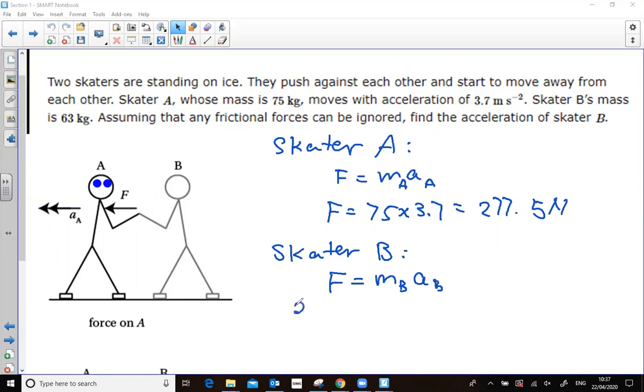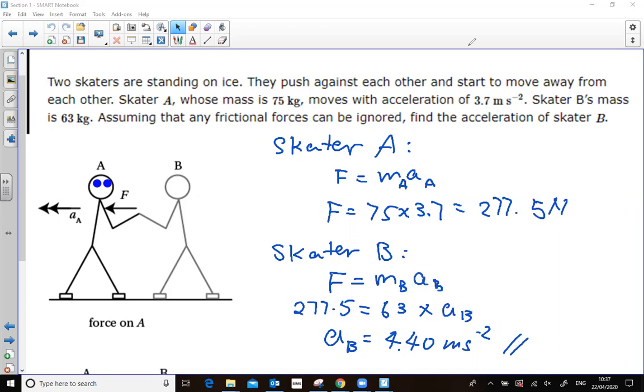So now we have 277.5 equals, this time the mass for skater B is 63 kilograms, and let's work out the acceleration. So the acceleration for skater B comes out to be 4.40 meters per second squared, to 3 significant figures.